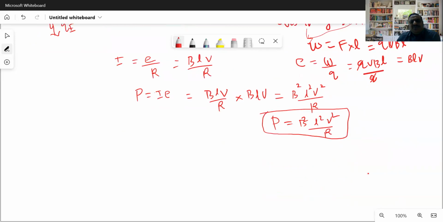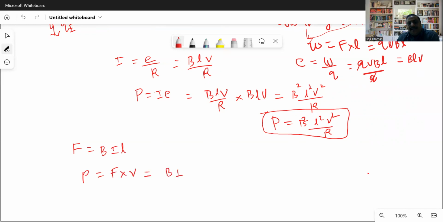Now, you can find out the mechanical power in another way. When the conductor is moved through a magnetic field, it experiences a force. That force is BIL sin theta, theta 90 degree. Then power can be written as F into V also.